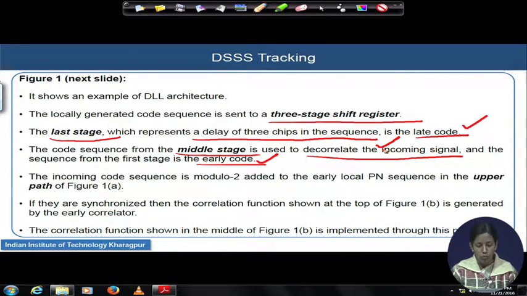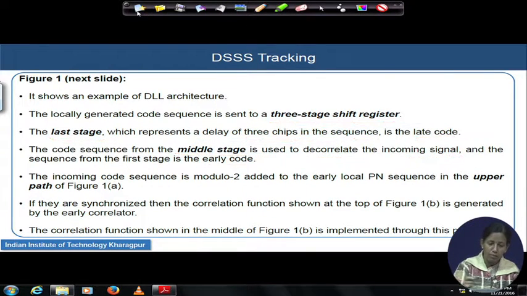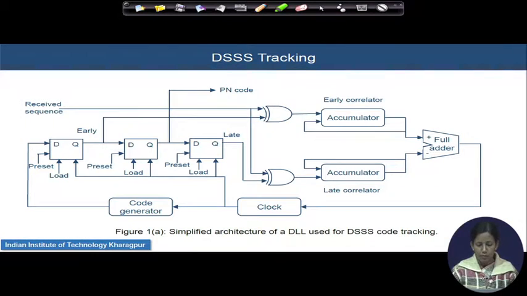The incoming code sequence is modulo 2 added to the early local PN sequence in the upper path, as we have explained in the diagram. Now let us see a situation where the upper XOR has an input from the early code and the received signal.